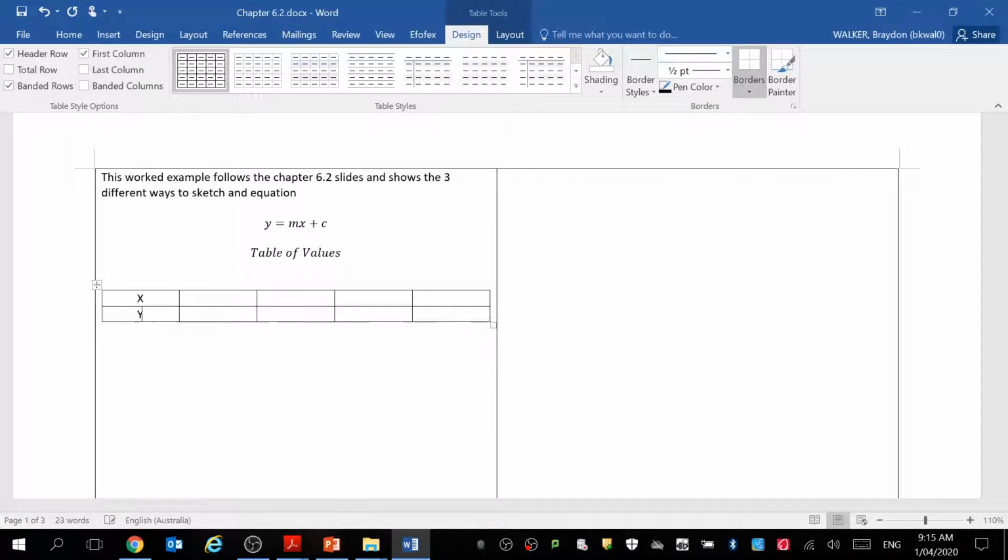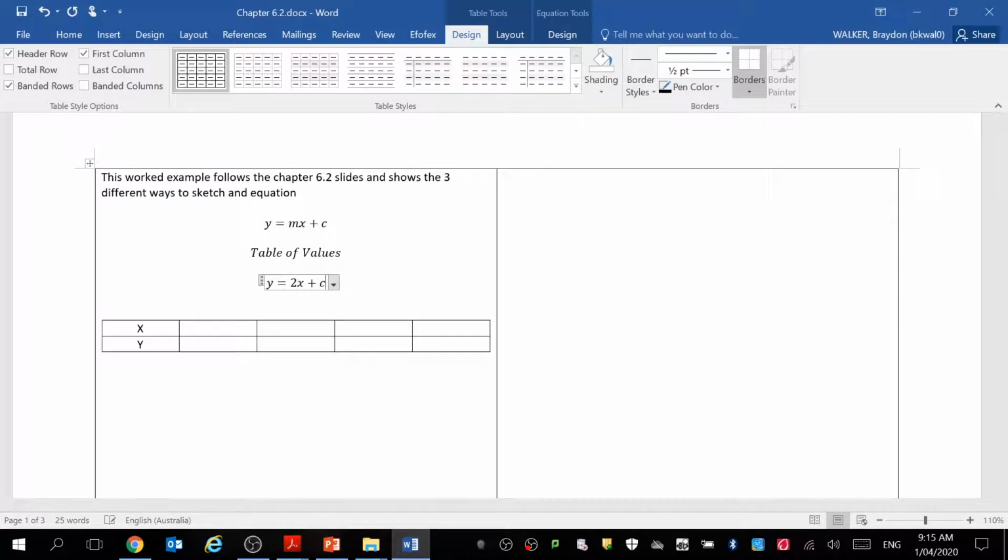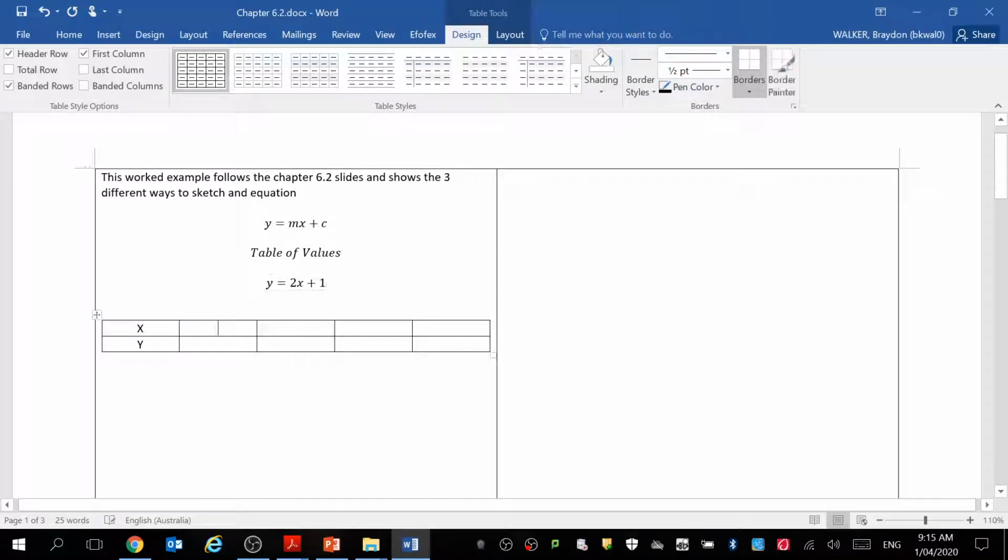The original equation I went through was y equals 2x plus 1. Let's start with that. This is probably the easiest way to go about plotting. I'll use 0, 1, 2, 3. This is the easiest way to plot any linear equation.